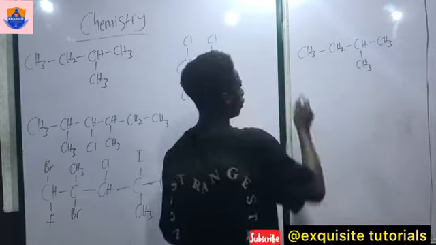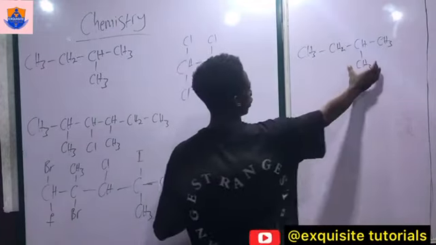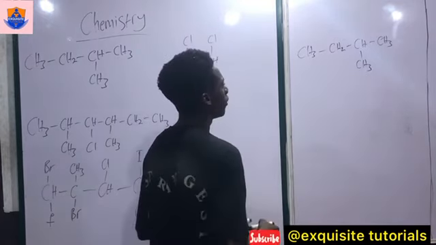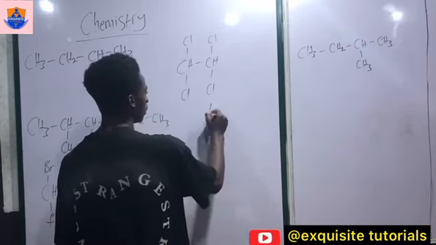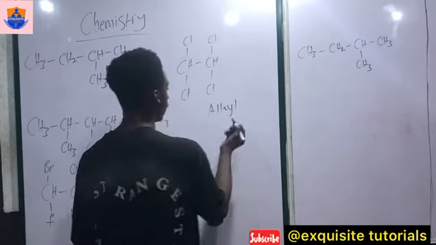First of all, let's find the longest carbon chain here. We have a branch here, CH3, which is methyl, or an alkyl. I didn't add that before. The alkyl differs from the alkane.